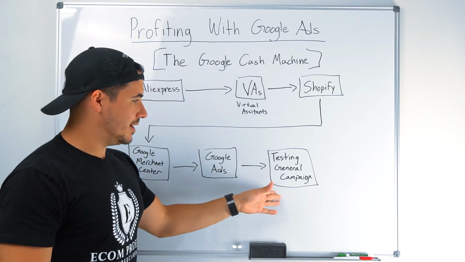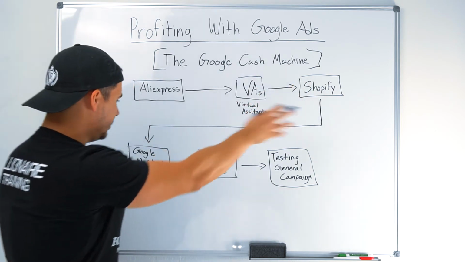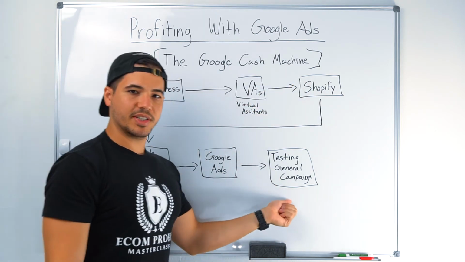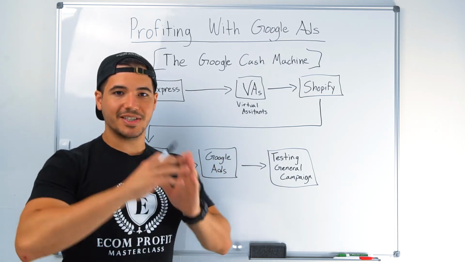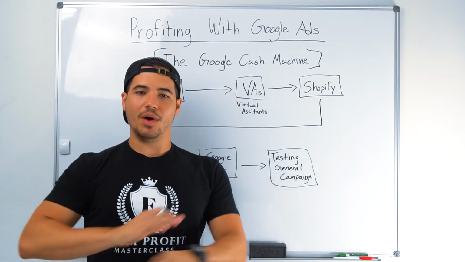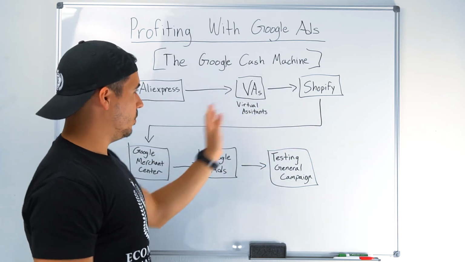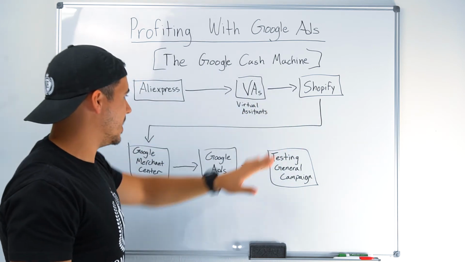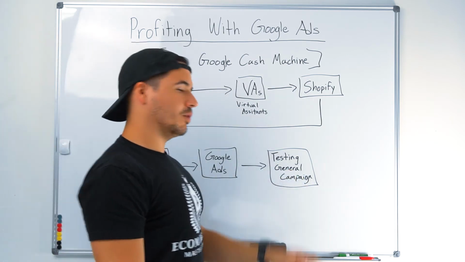So all the products on our store that go through this process get put into this campaign. The beauty of this campaign is that it allows us to test every single product on our store virtually automatically. We don't have to do anything at all. We literally put up the products, have our VAs put up the product, we don't even touch that, and they get automatically tested on our general campaign.